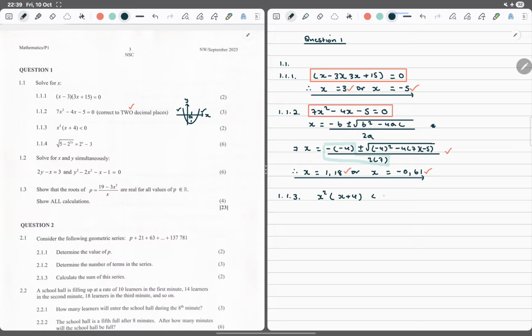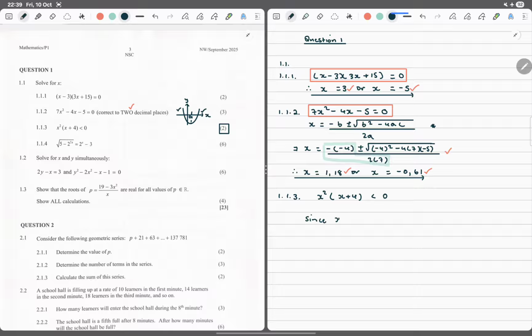All right, we've got x squared into x plus 4 is to be less than 0. If we inspect here, we will also see that this is just for 2 marks, so it's not complicated. So what are we supposed to do? We'll see that from inspection, x squared is always positive or is equal to 0.